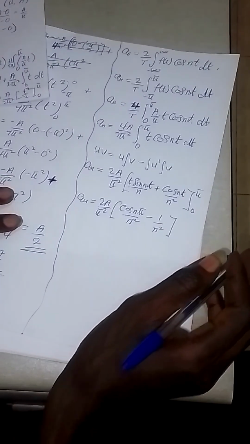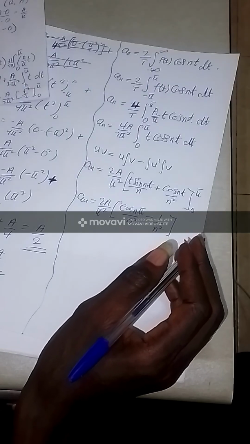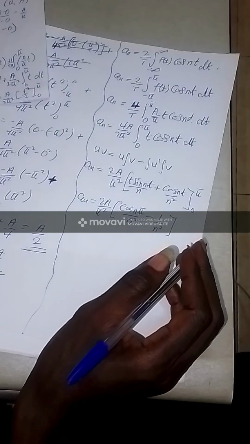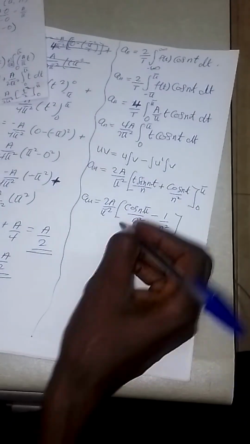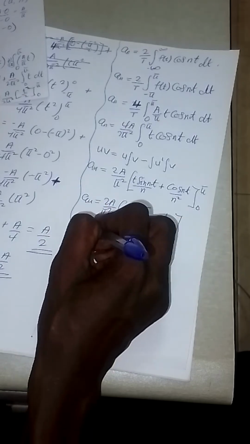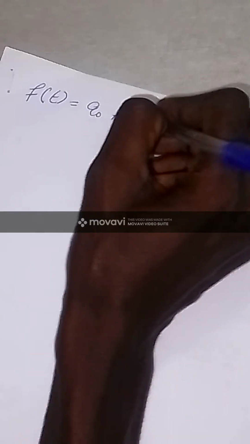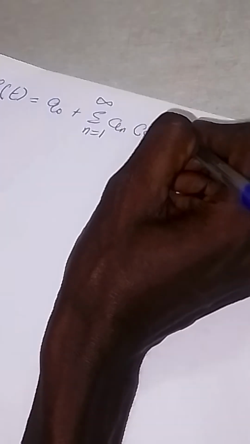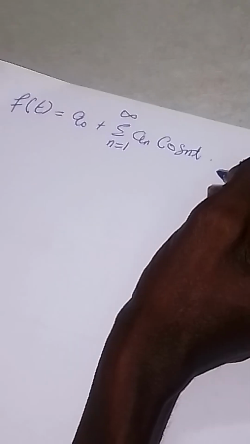Now I just have to put in the general Fourier series formula, because I've found all the necessary terms: f of t is equal to a naught plus summation from n equals 1 to infinity of an cos nt. We know that bn was 0, so we don't have to worry about bn.